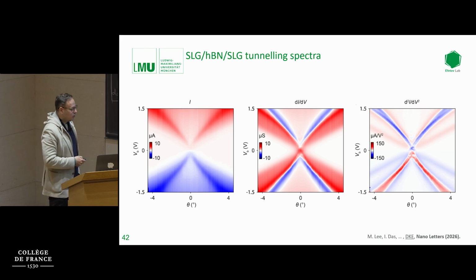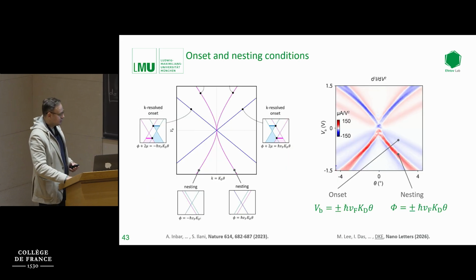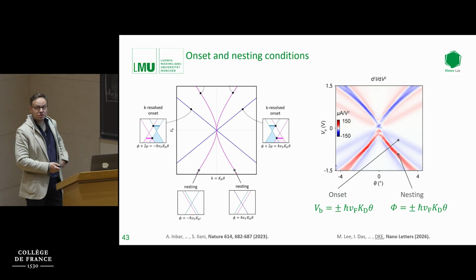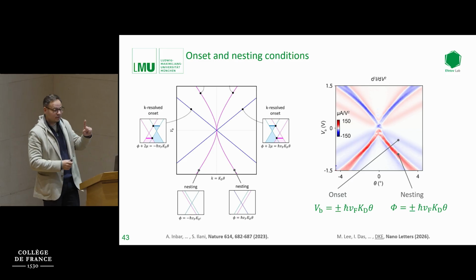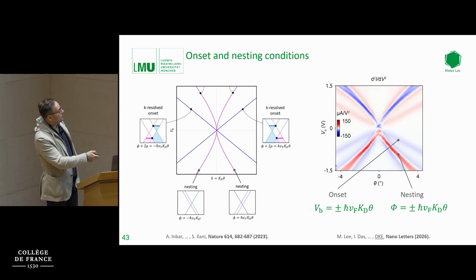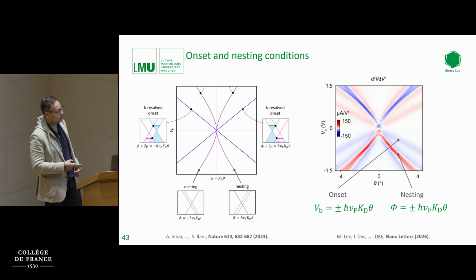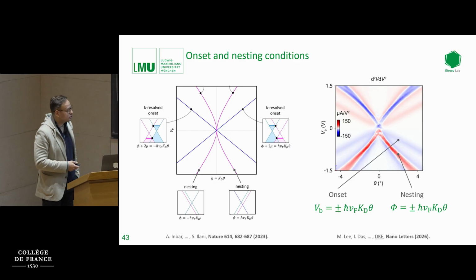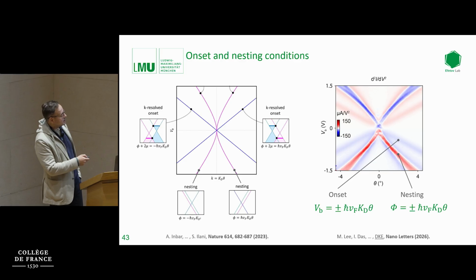Okay, and I'm almost done, just two more minutes. To understand these lines more specifically, one has to look at momentum and energy resolved tunneling transitions. One can understand this line as an onset transition where momentum matches between the different Dirac cones.